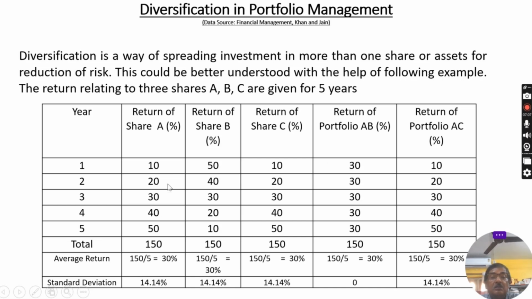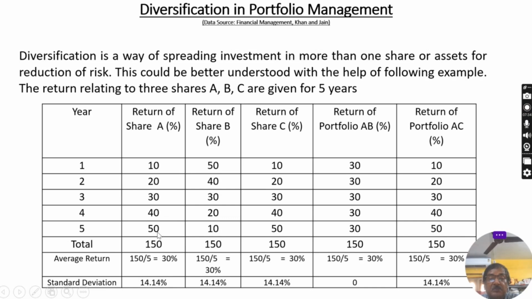In this way, second year, how much return will you get? If you invest through portfolio AB, half of 20 plus half of 40, that means 30%. In this way you can check. I have computed the returns for all the years in the case of the portfolio, and the return is 30%.